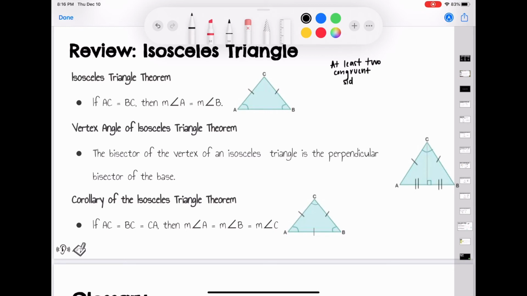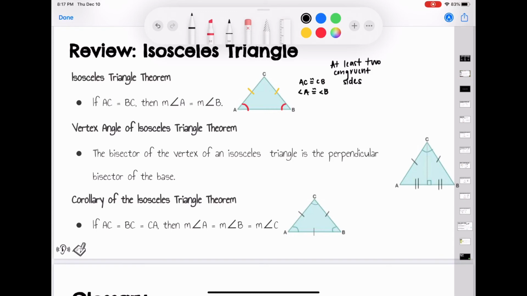Given that we have two congruent sides, we get the isosceles triangle theorem, which tells us that our base angles, in this instance angle B and angle A, are also congruent. So those are two things we can determine from the isosceles triangle theorem. More specifically, AC is congruent to CB, and angle A is congruent to angle B, our base angles.